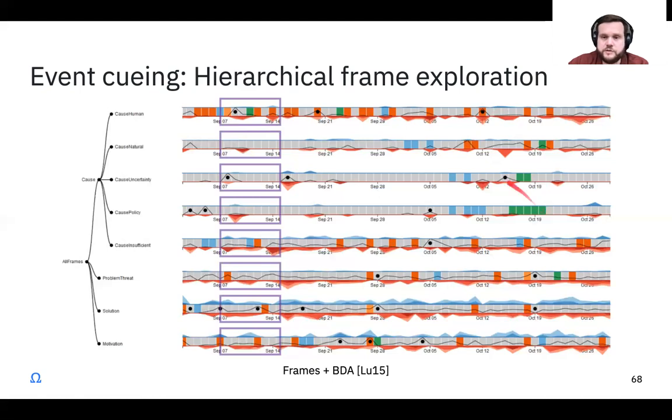So each of these windows is one day, and we can analyze different patterns of the frames or of the explanations for the events that were proposed by the various sources in the international context. So I think this is actually quite a nice way to do this.